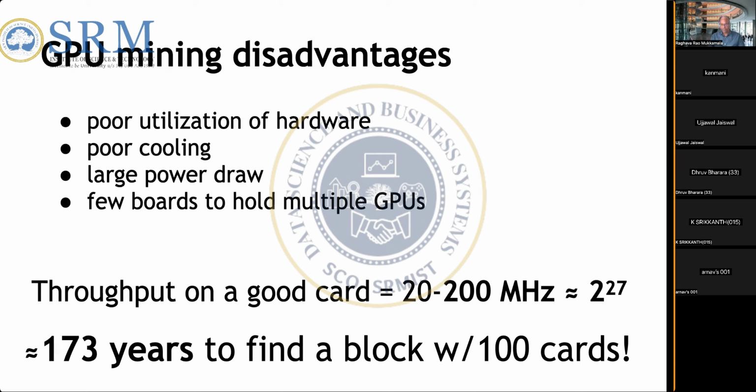I just want to see whether you are here or already left the class. Why is it taking so much time to compute a block, even with high-powered GPUs, 100 GPU cards and things like that?